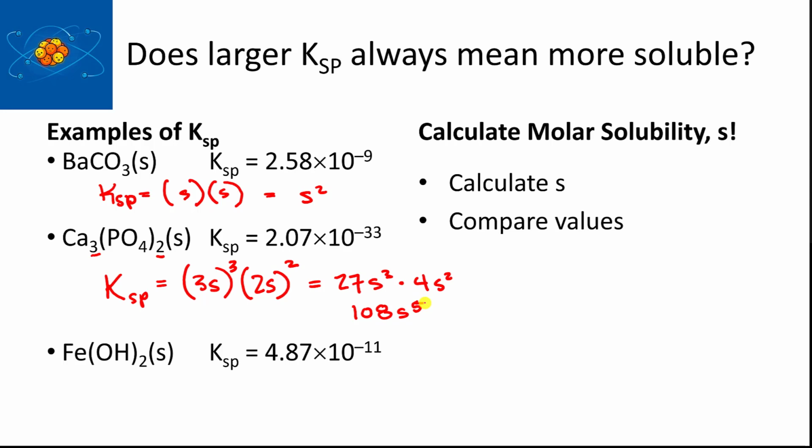Now, for the iron hydroxide, if you pause, you can check yourself, but I'm going to go ahead and work it out. So that's the same as what you saw before for barium hydroxide, right?